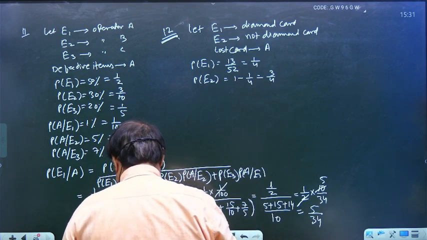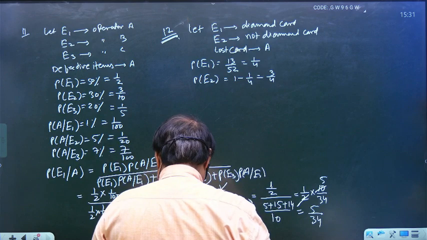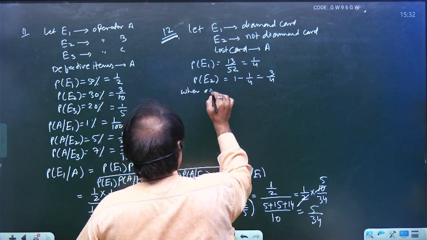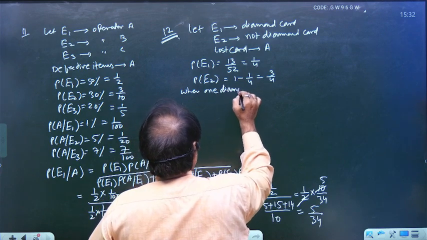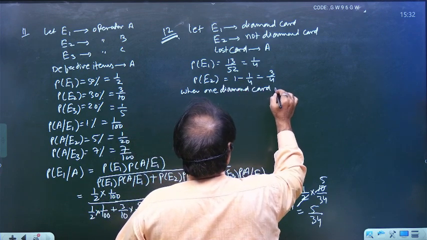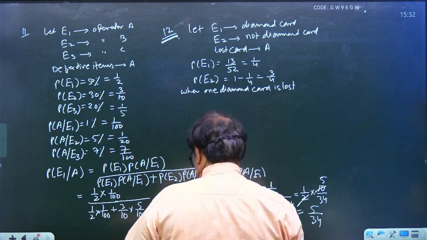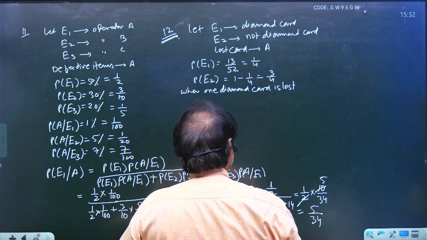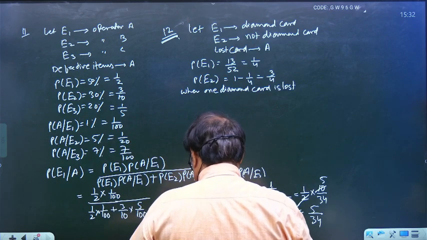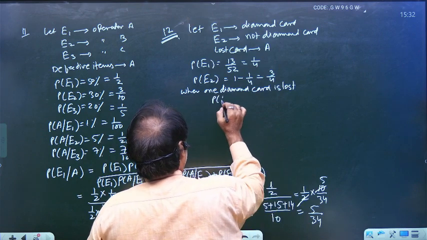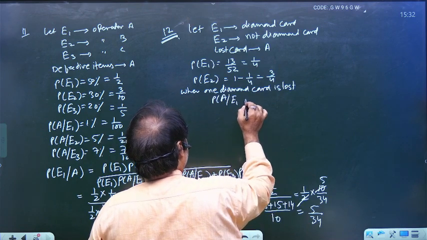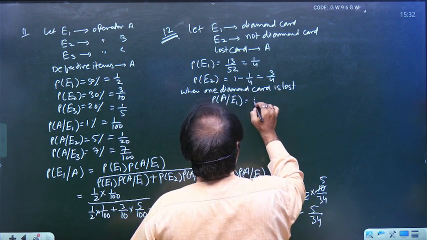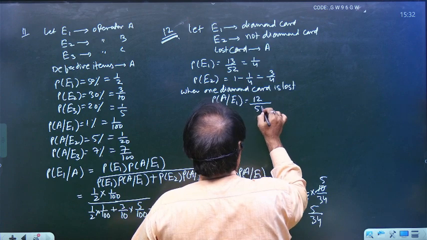Okay, now when one diamond card is lost, it means there are 12 diamond cards. So probability of A by E1, so one diamond card is lost means remaining diamond cards are 12 upon total number of cards 51.